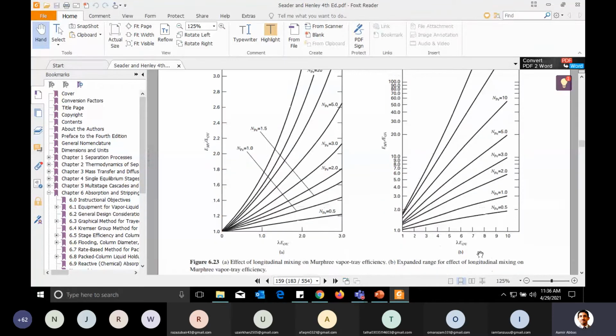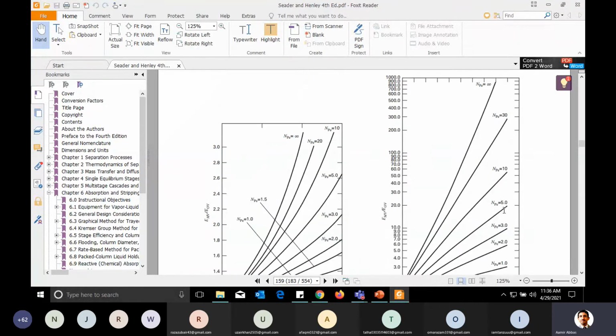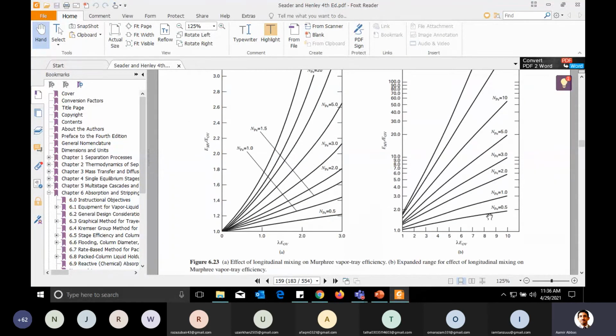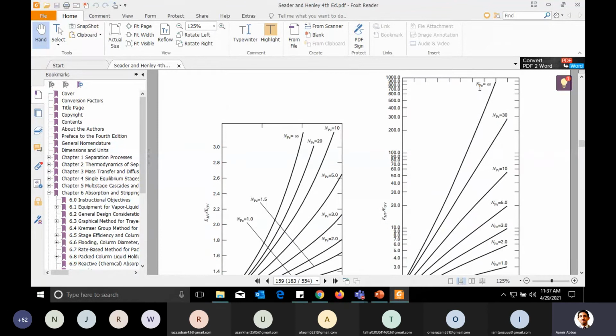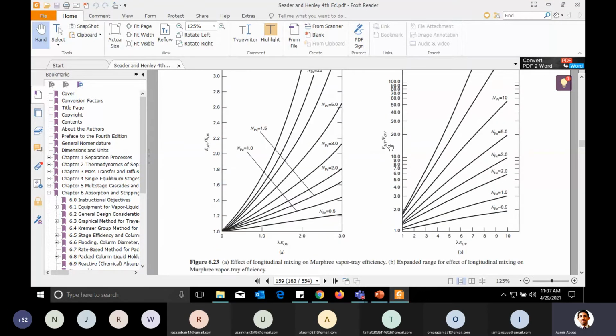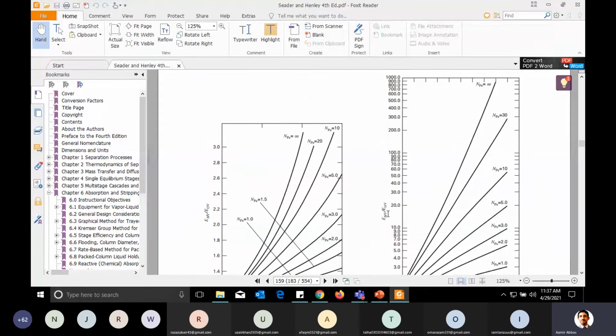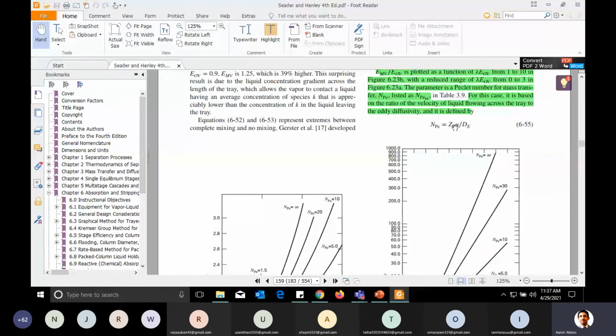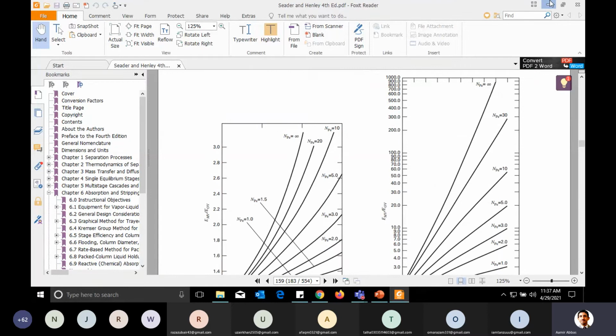While in the B part of this diagram, a much larger range of this Péclet number is given, in which we are varying it from 0.5 to 30 and so on. You can see here this is a log plot. On this plot, if you keep on increasing its value, the difference between Murphree vapor efficiency and vapor point efficiency will become huge. And in those cases, they will be reaching close to the point where there is no mixing.